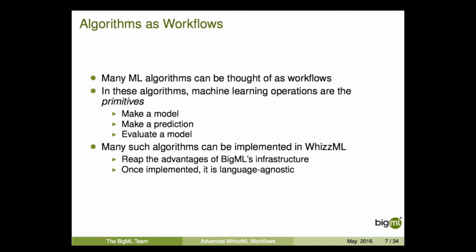The upshot of this talk, or even the motivation for this talk, is that many ML algorithms can be thought of as machine learning workflows. A good example that we have implemented on the back end right now is the random decision forest algorithm. In fact, all that really is a workflow around another machine learning algorithm, which is the algorithm that learns the individual trees. All we're doing is basically configuring the parameters of a bunch of different trees automatically, learning this selection of trees, and then composing those trees into a single individual model.